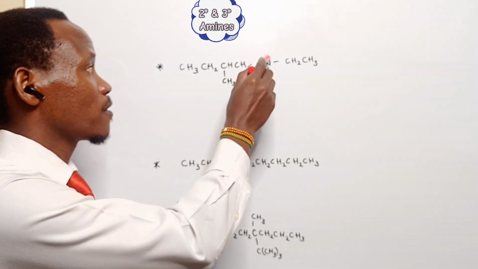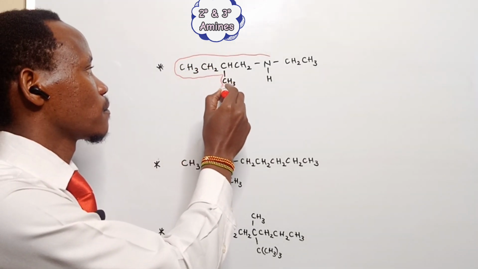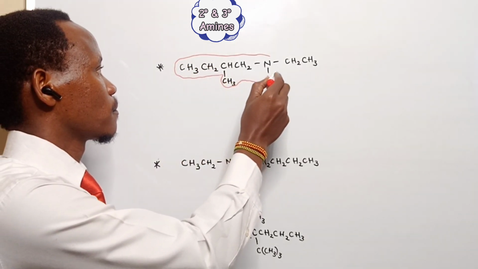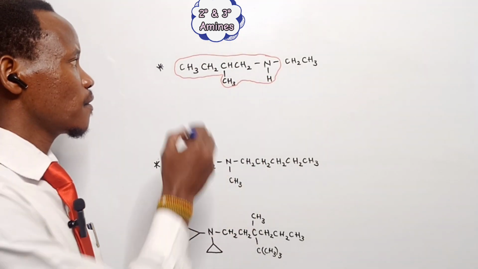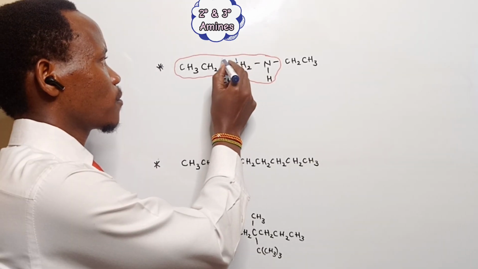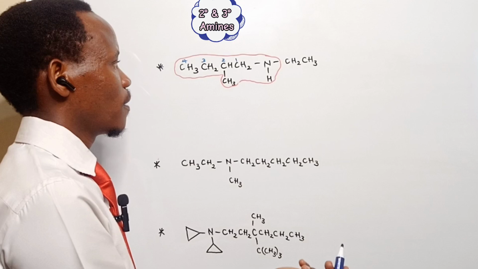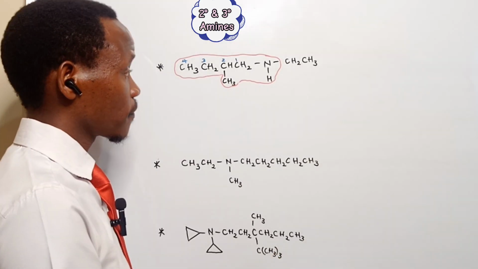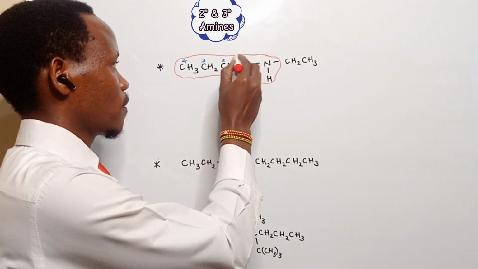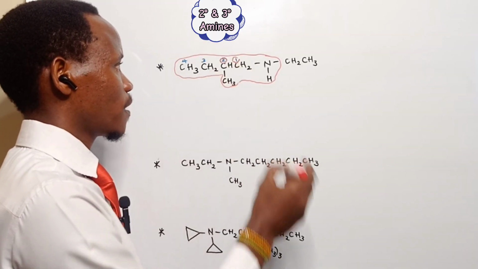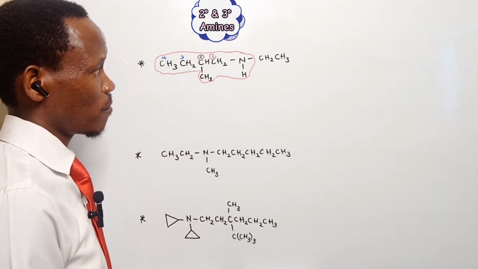So, without wasting time, numbering our carbon chain here, this becomes position 1, position 2, position 3, and position 4. So on our parent chain, position 1 and position 2 are for consideration. We can therefore now write our name by following from above.